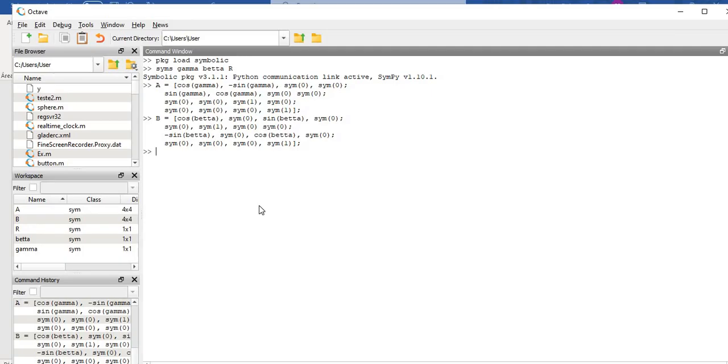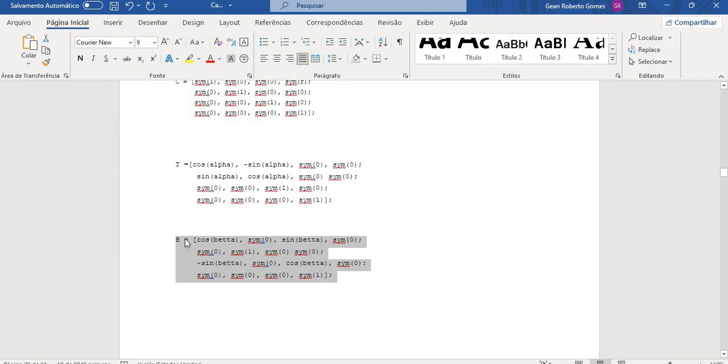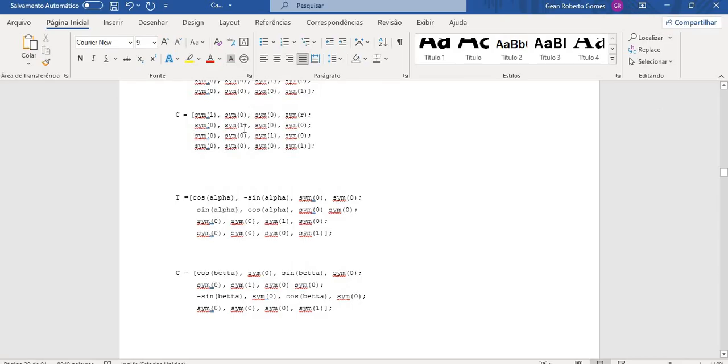Perfect. And now the last one, the translation one. So let's call it C matrix, and let's use this one, which doesn't contain any cosine and sine. Exactly that one.